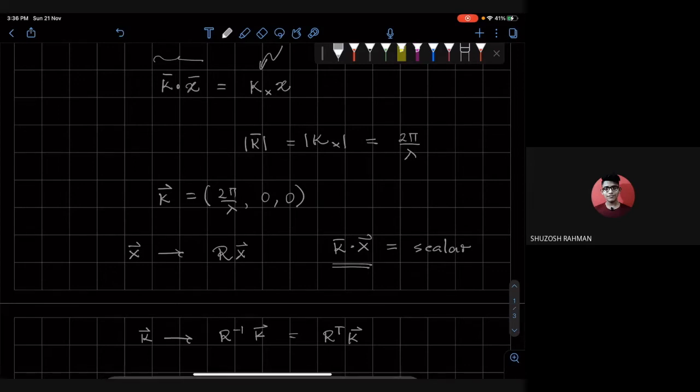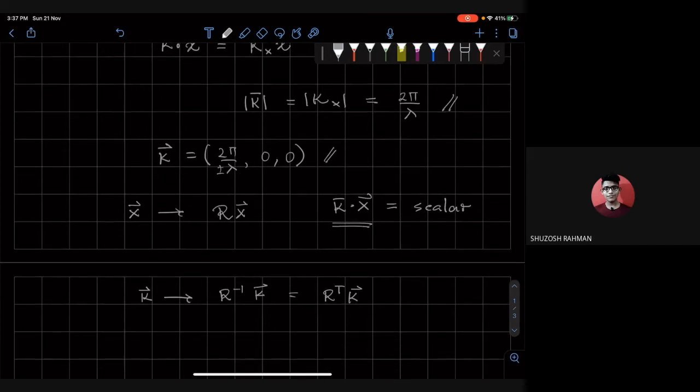In that reference frame, we can relate it to the wavelength through this equation, or more appropriately, this equation, because there's a plus minus sign here, depending on the direction, because lambda is a positive quantity. You define that to be a positive quantity. So once we have that, we can find the k vector in any other reference frame by doing a rotation and demanding that k dot x is a scalar, and therefore k changes in this way.